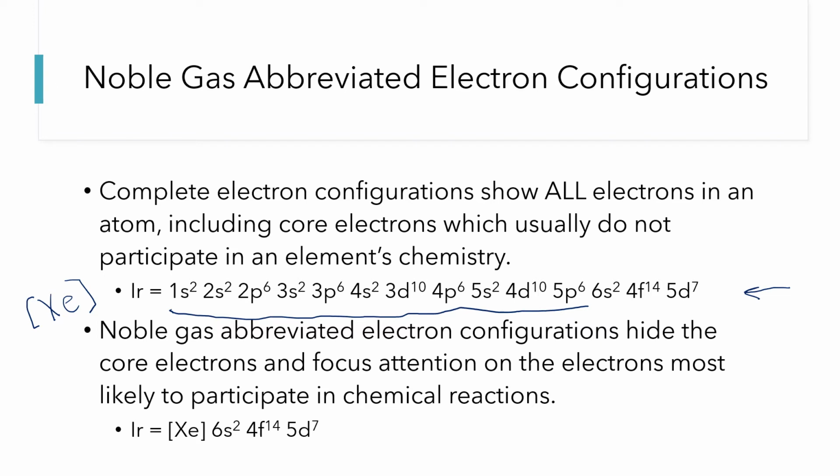So we can rewrite iridium's electron configuration this way: xenon 6s2 4f14 5d7. And note that these electrons that are coming after the noble gas core are exactly the same as we wrote at the end of the full electron configuration.